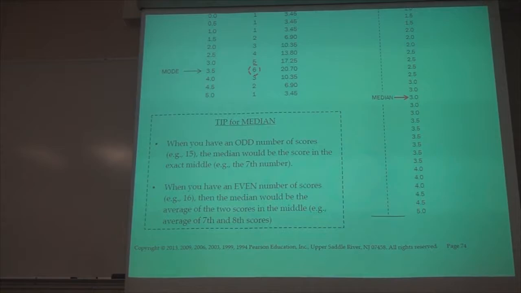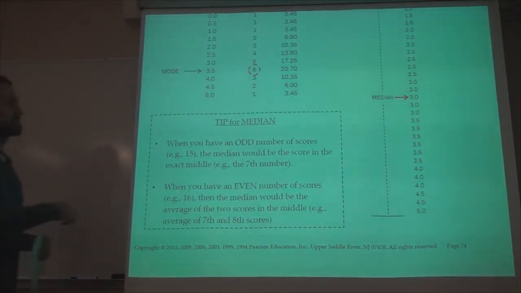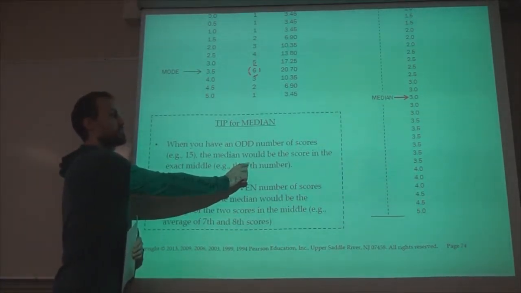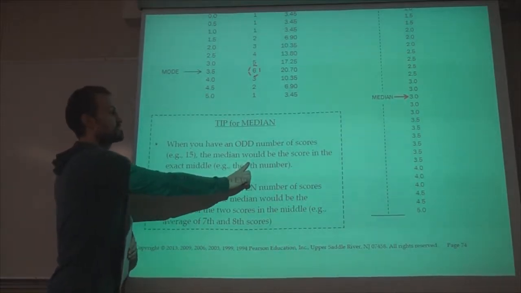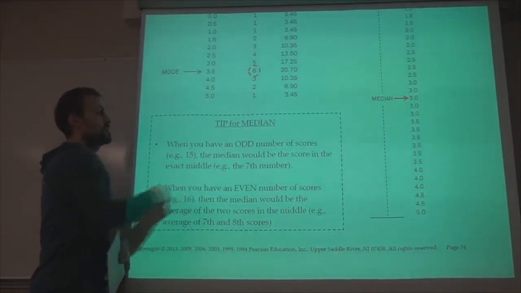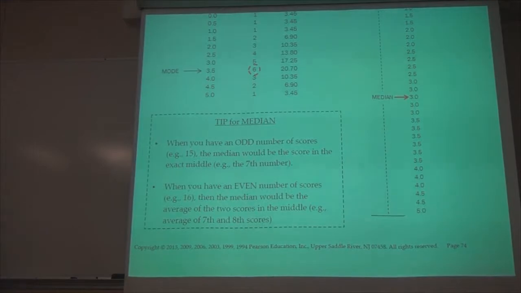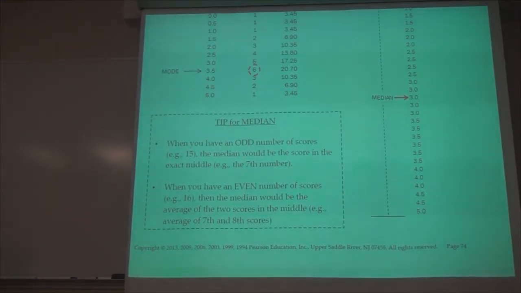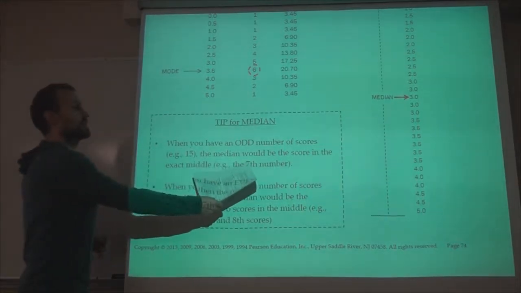The 8th number is the one in the middle, not the 7th number. I don't know where that typo comes from. This should be an 8, because it separates it into 7 below, 7 above, and the middle value. So that's a little typo. It should be an 8.